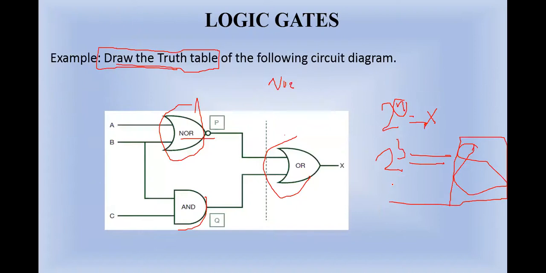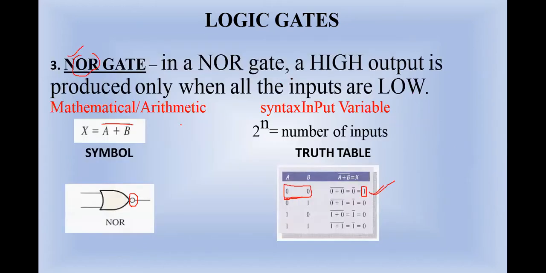So when you look now at our problem here, they are saying that this is a NOR gate. And we know the principle that it's going to produce a 1 when both of the inputs are low, because it's a NOR gate. It's producing a high when both of the inputs are zeros.